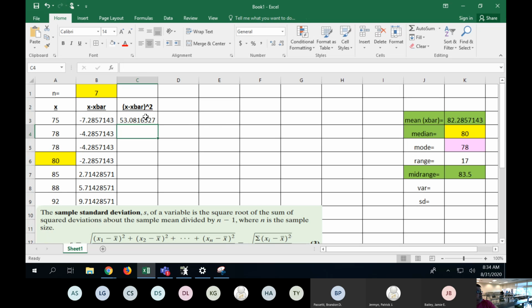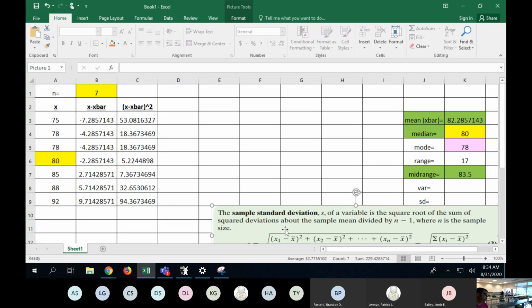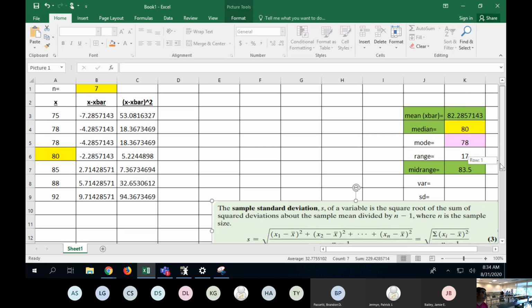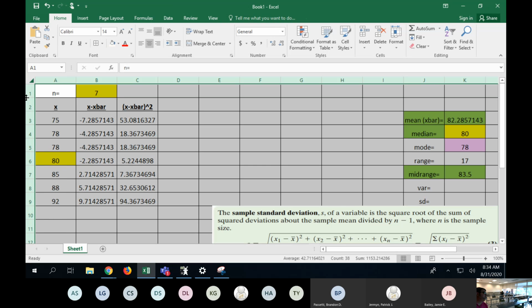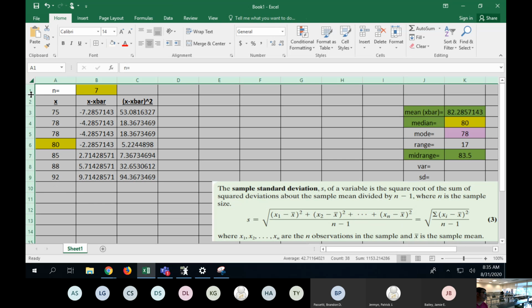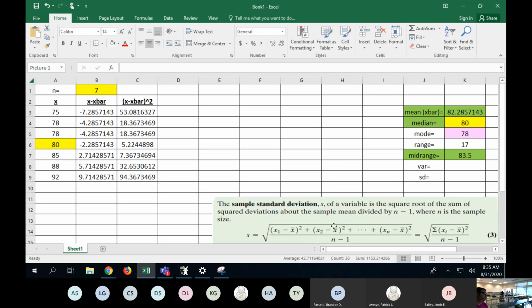Now make a column and do that. Okay, so everybody should have those three columns now.